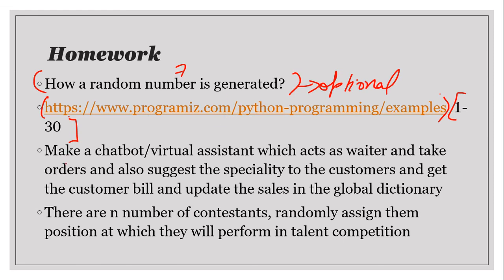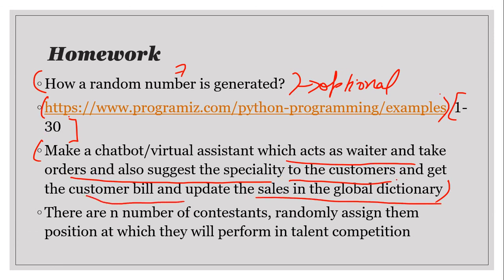Okay, the third is basically a challenge question. Those were the homework assignments. These are the challenge questions. So you have to make a chatbot, a virtual assistant, which acts as a waiter and takes orders and also suggests the specialty, which is a special dish, to the customers, and gets the customer bill and updates the sales in the global dictionary.